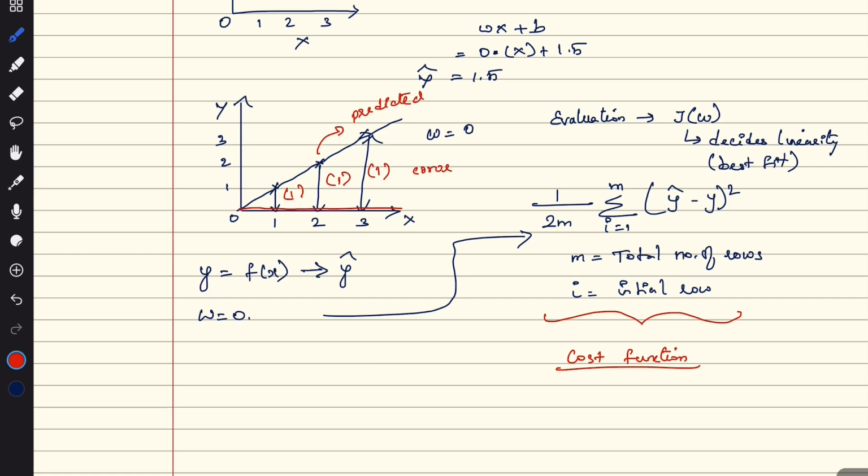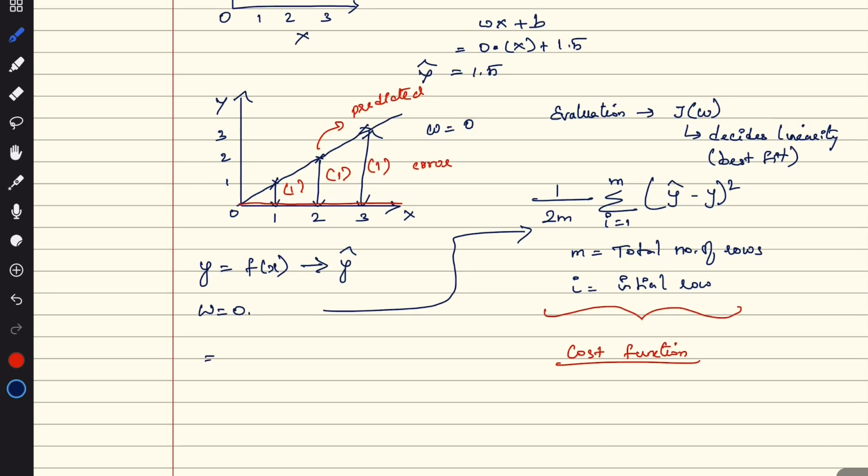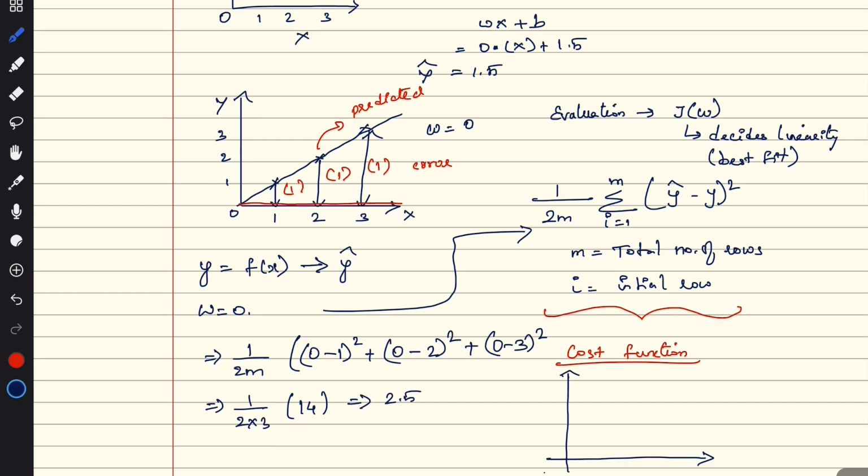I'm taking another weight, setting it to 0, and bias is 1.5. Likewise, I get the plot which is showing here. So W equal to 1 is the best choice to have a low error in order to obtain the best fitted line.